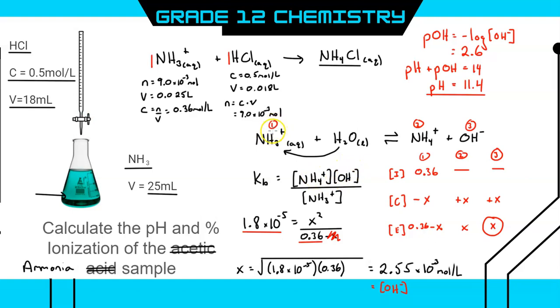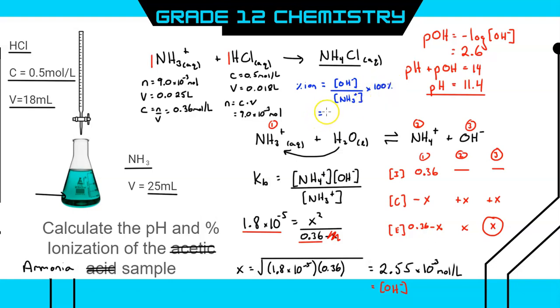Lastly, we need to figure out what that percent ionization was. So the percent ionization is equal to our concentration of hydroxide ions divided by the original or initial concentration of ammonia, times 100%.